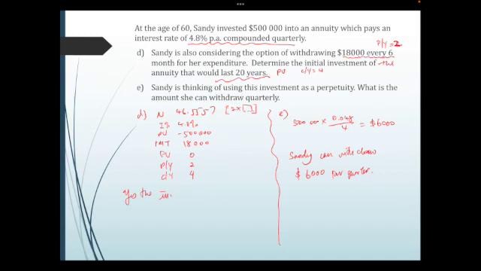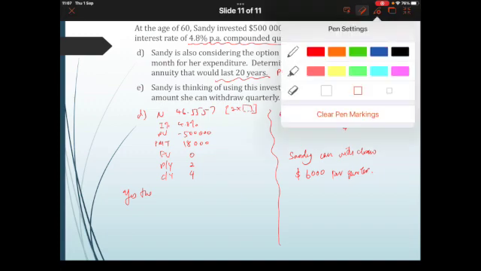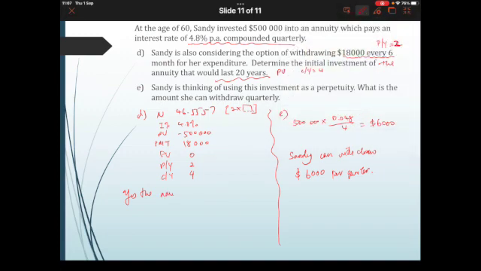So yes, the investment, or the annuity, will last 23 years and 6 months. All right, that is the end of the lesson.